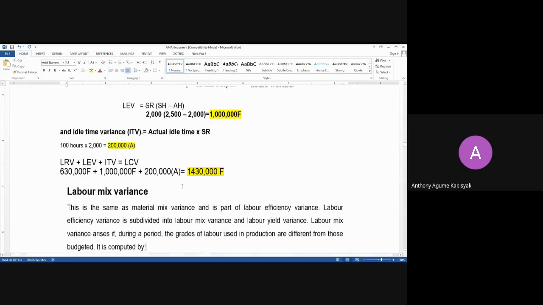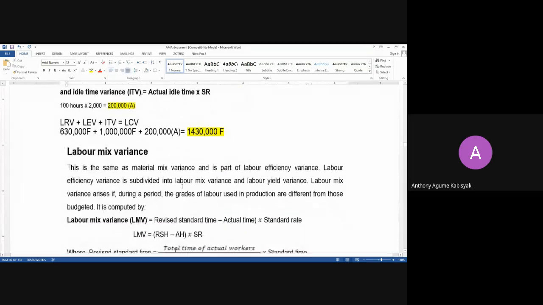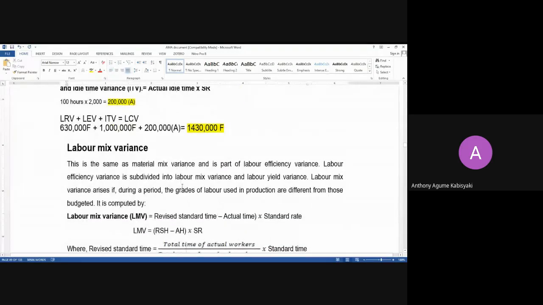Now, on labor, we have got labor mix and labor yield. Because as I said, there is no single organization that will employ one category of labor. You need workers who are skilled, those who are semi-skilled, and those who are unskilled.